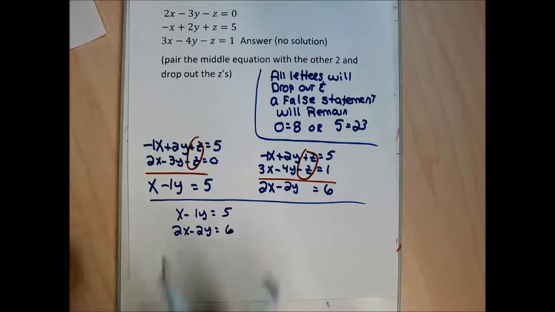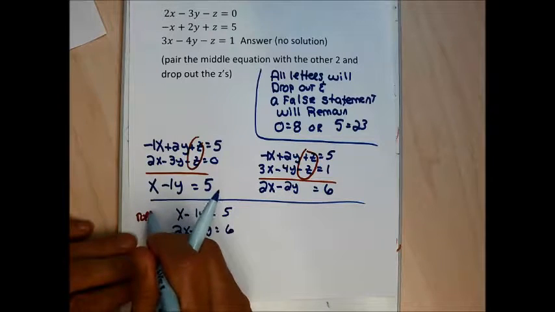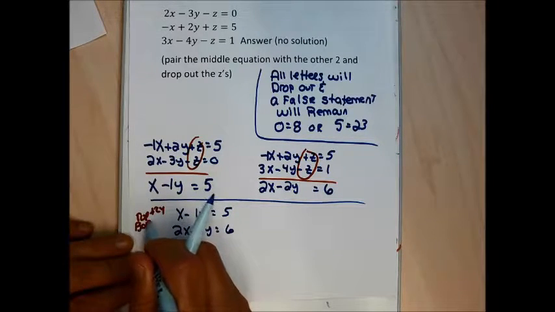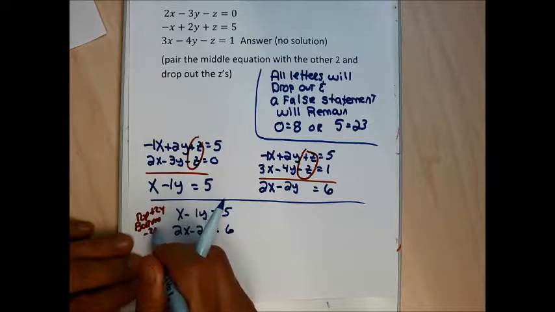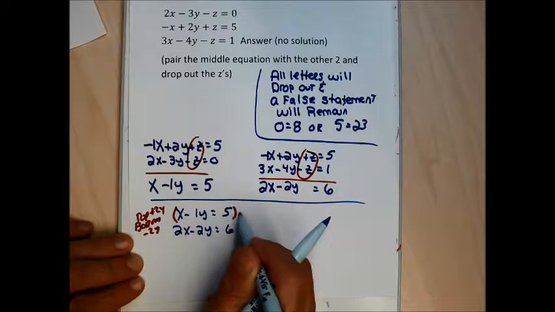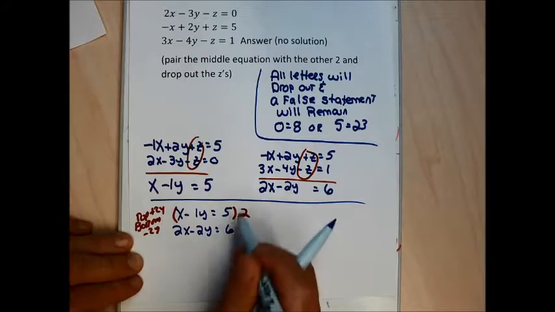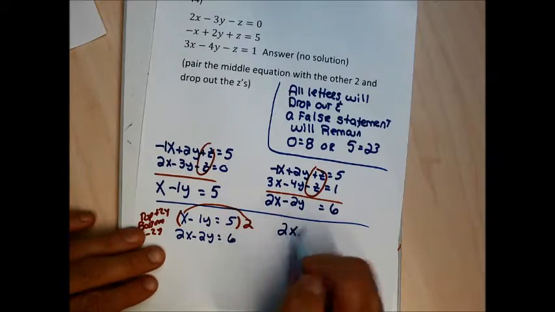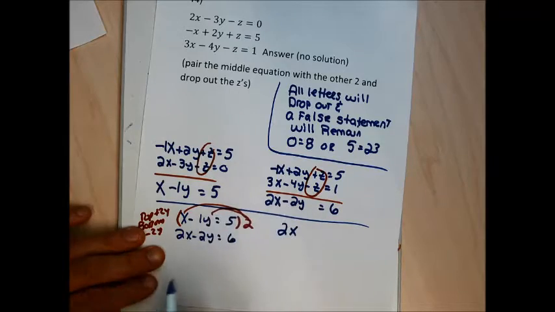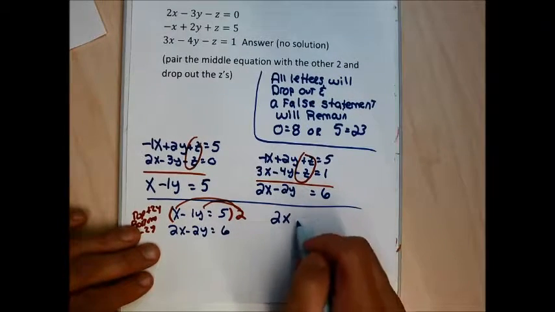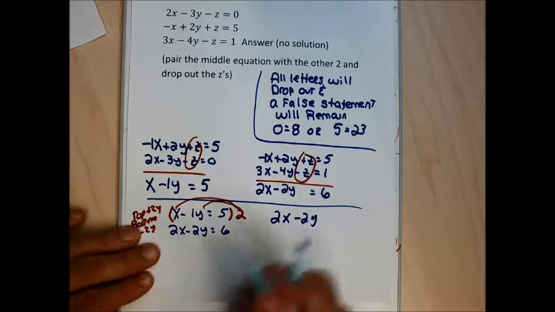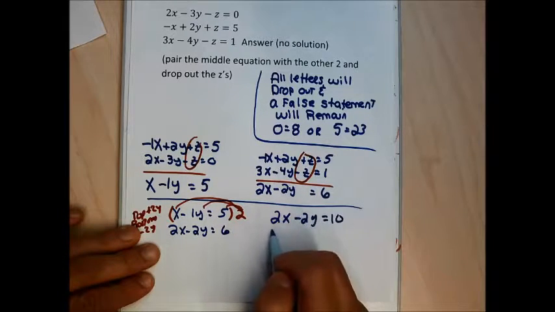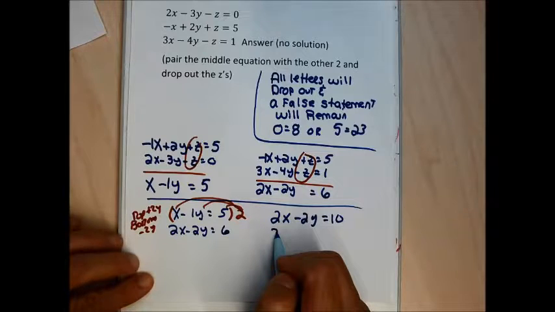I'm going to make the top have a positive 2y, and I'm going to leave the bottom with a negative 2y to drop out the y. So I'm going to multiply the top by 2. I'm going to go 2 times x and get 2x, and then 2 times minus 1y, get minus 2y, and then 2 times 5 and get 10. Leave the bottom one.